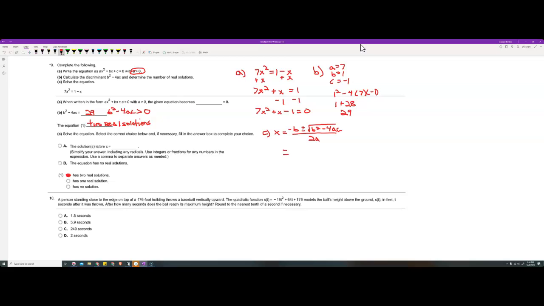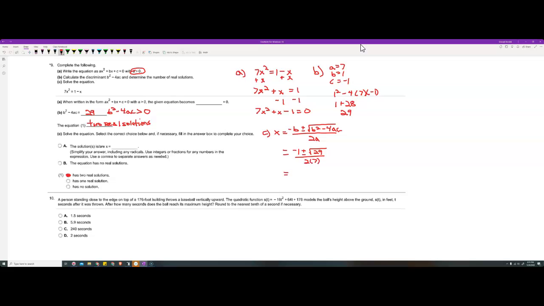Okay, so my b value is 1, so we're going to have -1 plus or minus the square root. Now we already did the discriminant, that was 29, divided by 2 times 7, which is 14.